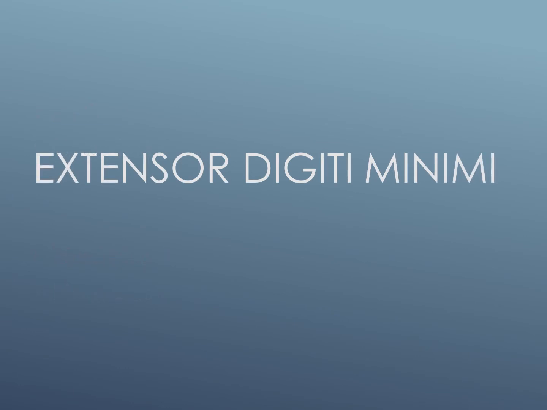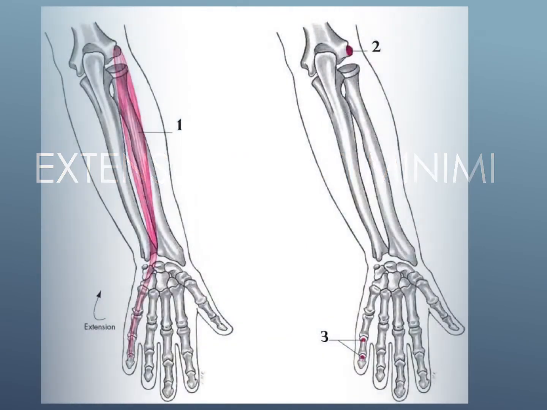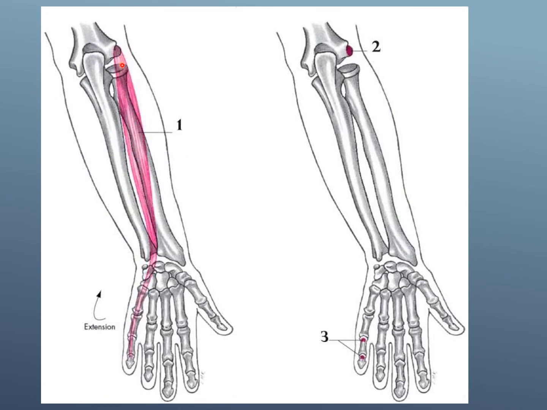Next muscle is extensor digiti minimi, which means this muscle extends the small digit, your little finger, minimi means small. So you can see this is extensor digiti minimi. This is the thumb and this one is the little digit.